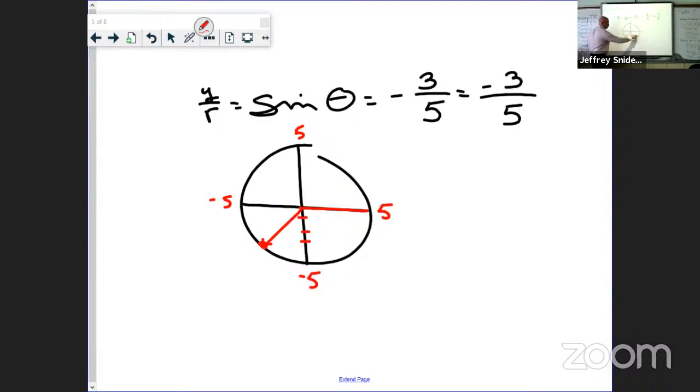Yes, because this is -3. It could be here, but it also could be here. So this is one possibility, and the other one would be that possibility. There's two different places it could be. I don't have enough information to say for sure it's in this quadrant. It's in one of these two.